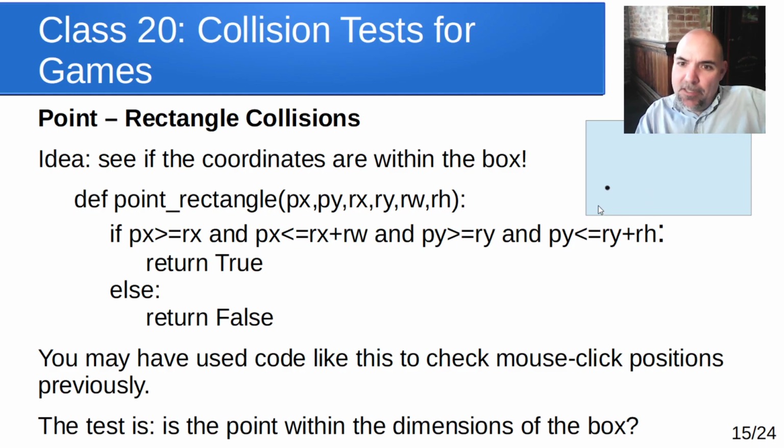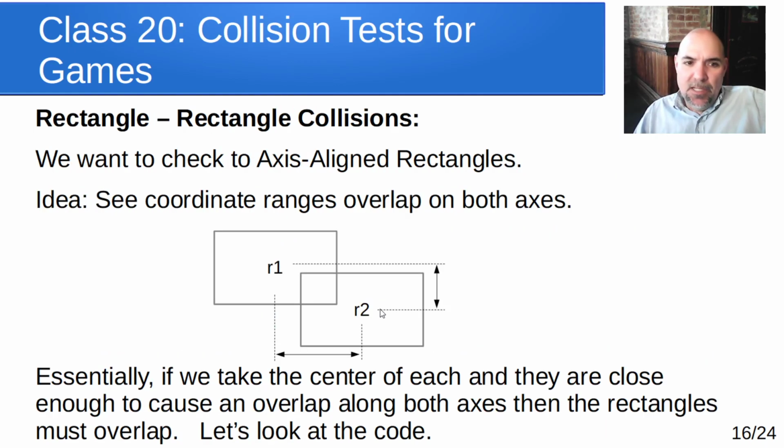If so, the point has to be inside of there. Notice I did less than or equal, so if you're on the edge, it still counts as in. Some implementations you might want to have the edge not count as in, so you could change these to greater than and less than rather than greater than or equal to and less than or equal to. So the test here is: is the point within the dimensions of the box, and if it is, return true.